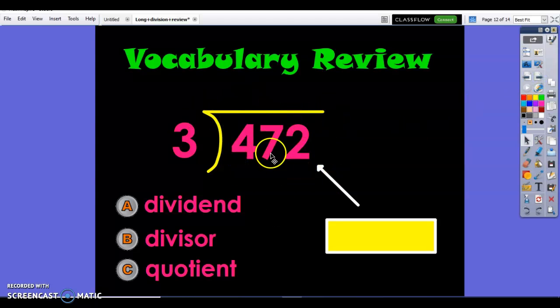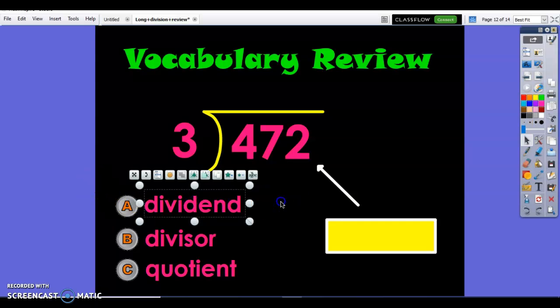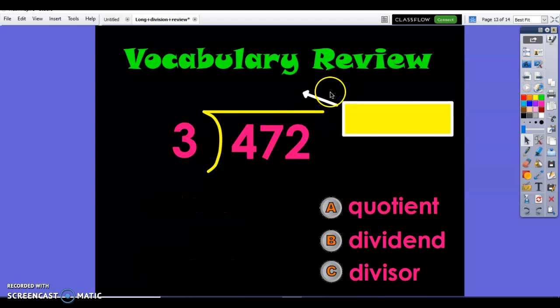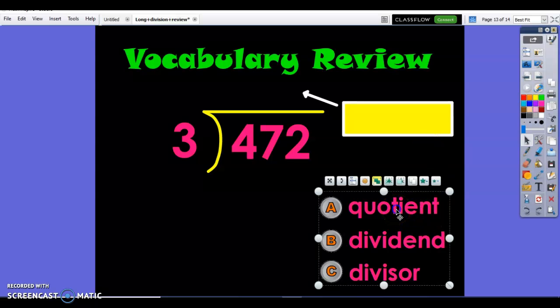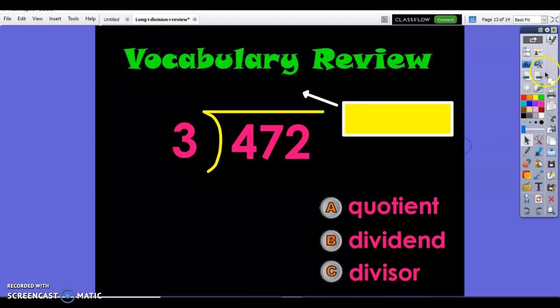This number that is in your house, the number that is being divided, is it dividend, divisor, or quotient? If you guessed dividend, A, you are correct. And the answer to a division equation, what is it called? If you guessed A, quotient, you are correct.